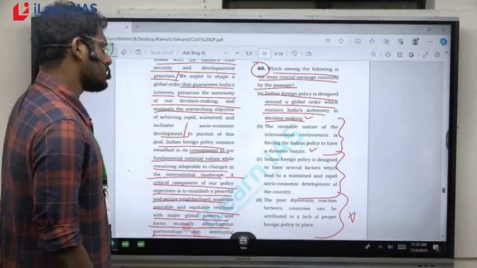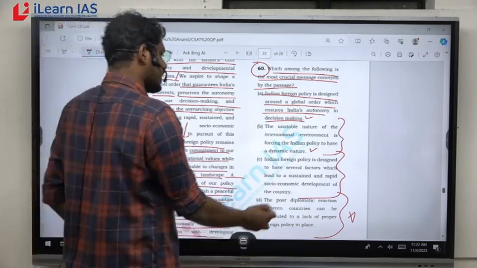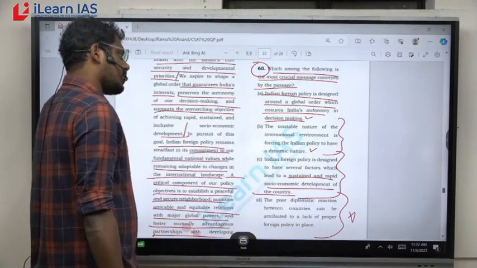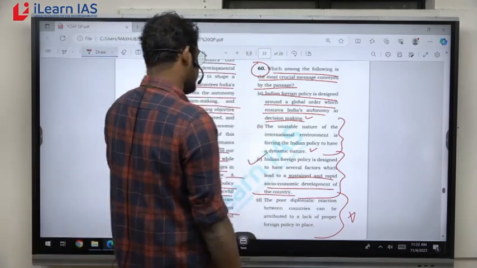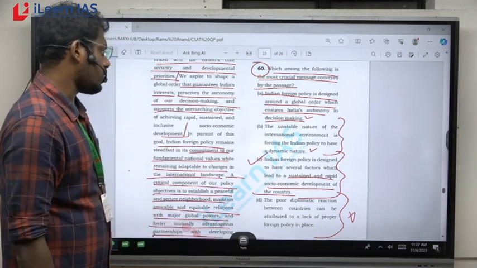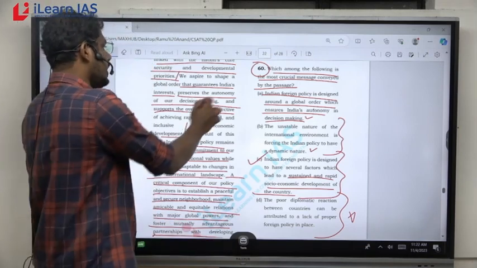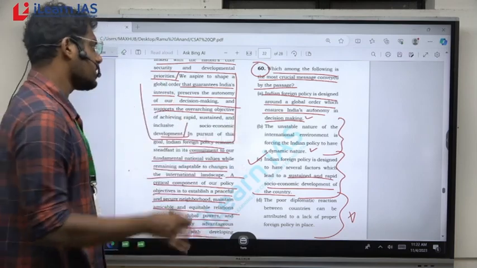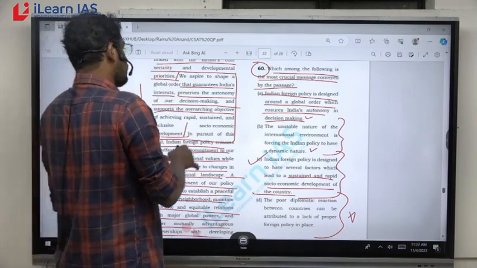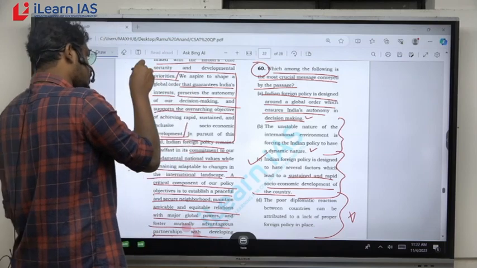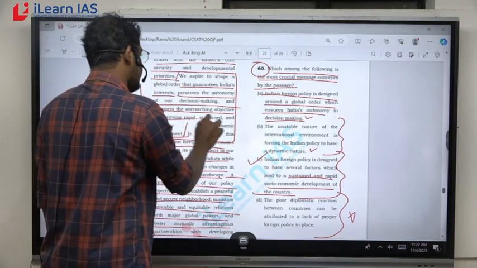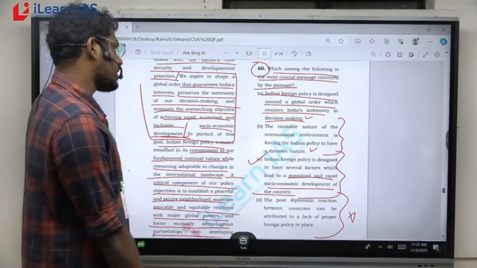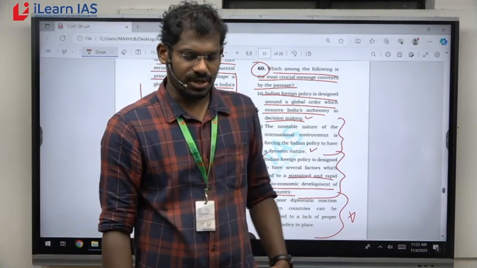Indian foreign policy is designed to have several factors which lead to a sustained and rapid socio-economic development of the country. Okay, this is a more correct answer, because the passage says that we aspire to shape a global order. So our foreign policy priorities are built on India's interests, with the overarching objective of achieving rapid, sustained, and inclusive socio-economic development. So the most probable answer is option C for question number 60.